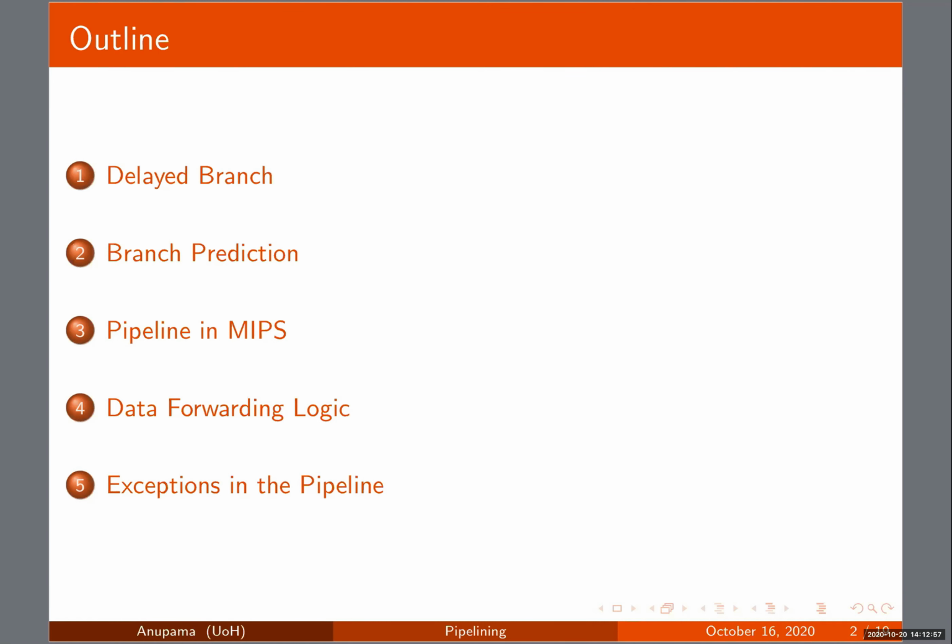Until you get the condition and target address, you don't know whether you're going to fetch the next instruction or the target instruction. So that many stalls you'll have to introduce. When the branch instruction is decoded, you still don't know, so you stall from there onwards until the end of the branch instruction. So it should be like 4 cycles that we put.